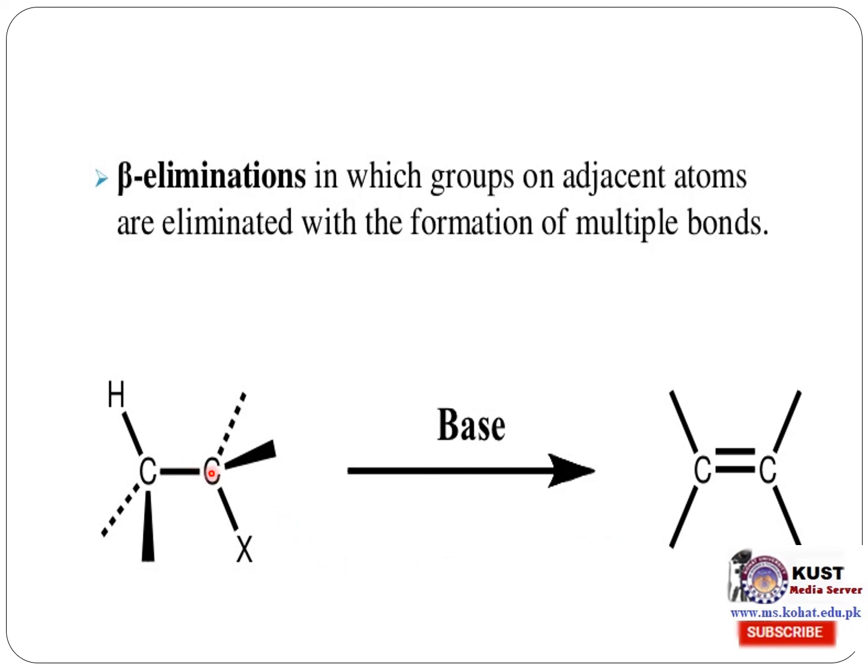This is the alpha carbon to which the halide is attached, and this is the beta carbon from which a hydrogen is to be eliminated. So the removal of this halogen from the alpha carbon and this hydrogen from the beta carbon creates a double bond between two carbons, and we get an alkene. And this mechanism is beta elimination reaction.